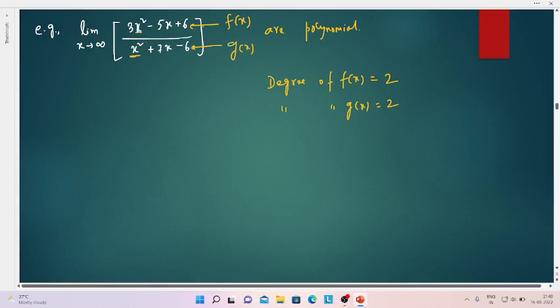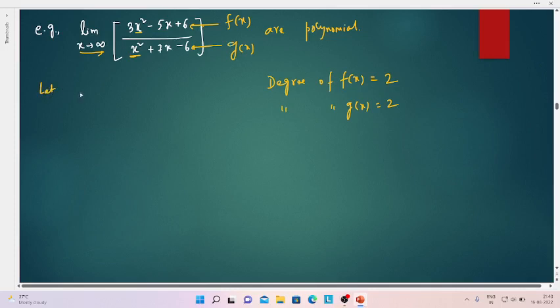So we have to divide by x square on the numerator and the denominator, because as we put x tending to infinity on the numerator and denominator, that will become infinity by infinity form. We can't solve infinity by infinity in a straightforward manner, because this is actually an indeterminate form, right?